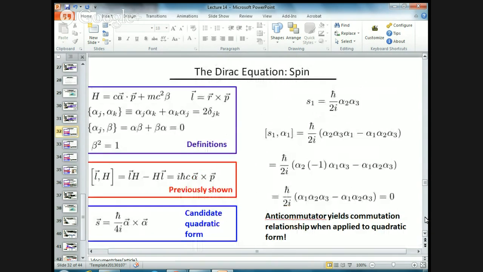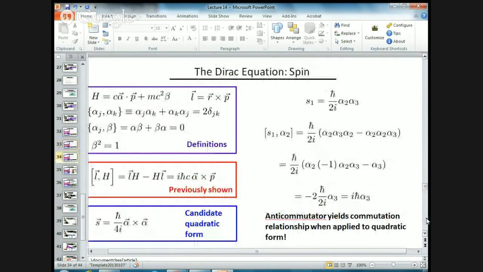What about the rest? Does S1 commute with alpha 1? Well, once again, it's the same idea. We just construct the commutator, and we see we can pass the alpha 1 through with a couple of sign changes and get 0.